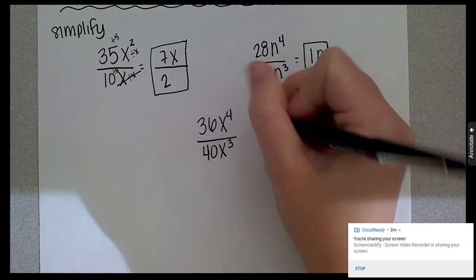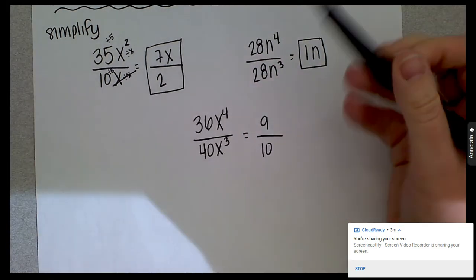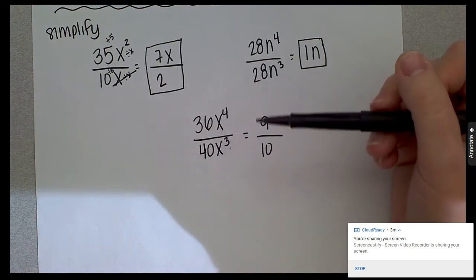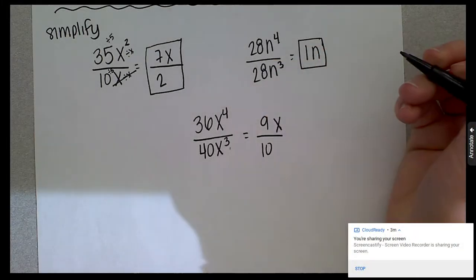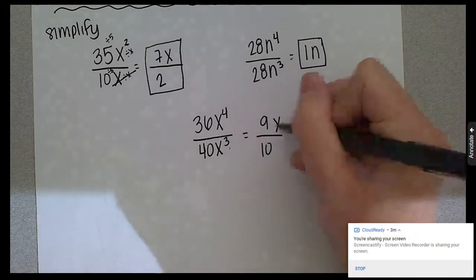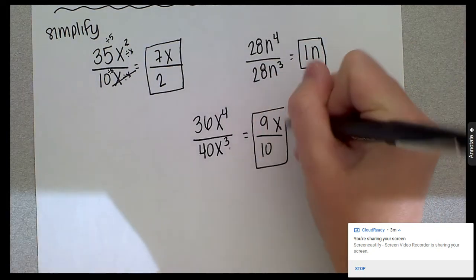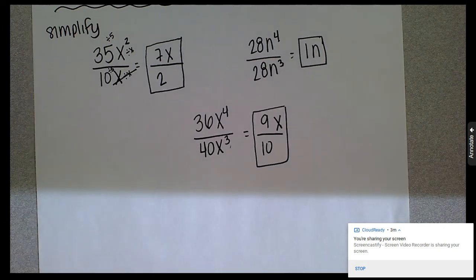They are both divisible by 4. That would give me 9 over 10. And then from here, I'm going to look for common factors. In this case, I can use those properties of exponents, and I would just be left with x. You can either put the x next to it or, I usually just put it with the numerator. So that's the main idea. Okay, we have these fractions. We want to reduce them or simplify them.